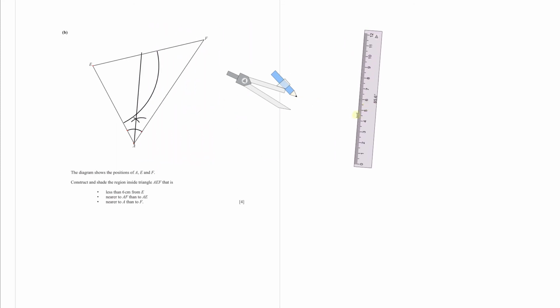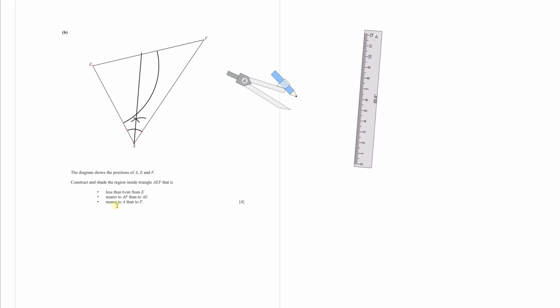So this will be my angle bisector of angle FAE. So all the points on this line are equidistant from AE and AF. So anything towards the right side in this region will be closer to AF than to AE.